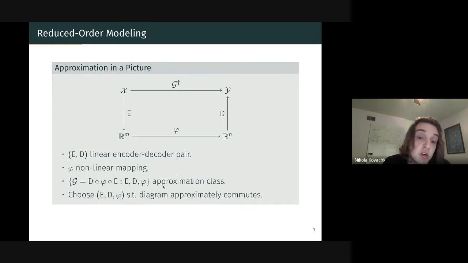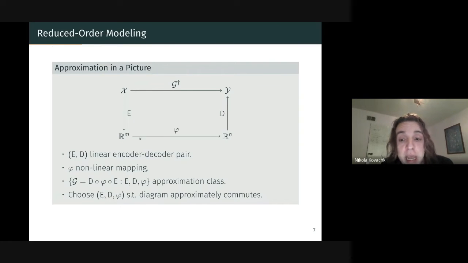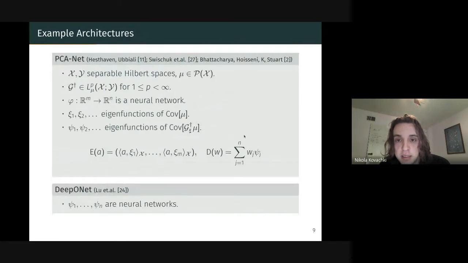It can approximate pretty much anything we might care about in practice. But this just says universal approximation. It says nothing about how large we actually have to pick m and n for this to happen. That's in the next theorem.